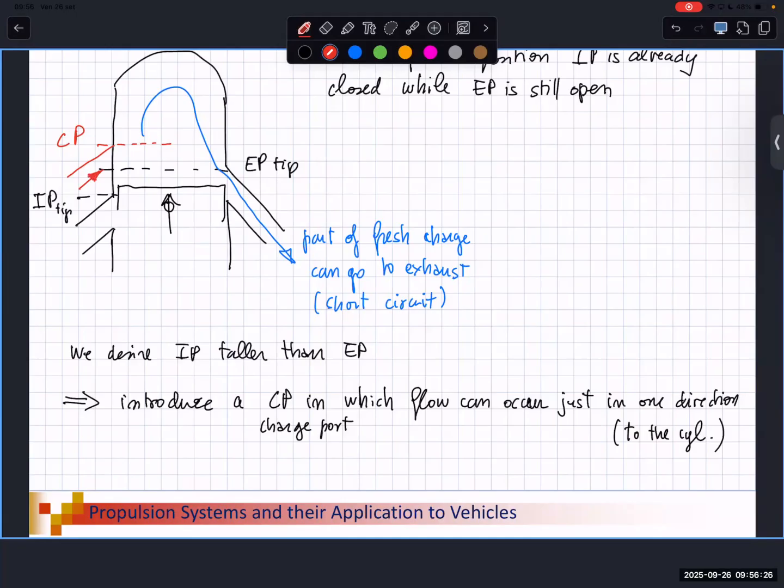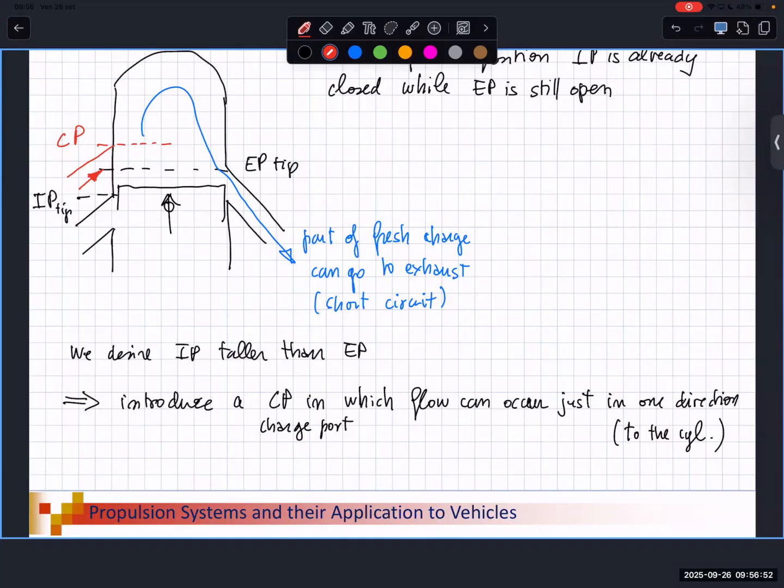Why cannot we just put the intake port higher and put the device in the intake port without using the second port? You would like to put something there to avoid the flow going out of the intake. I mean, this is related to how you build the engine and to the geometrical solutions.